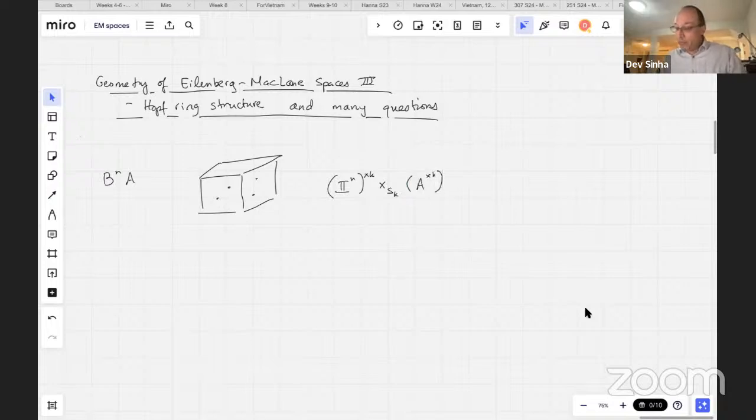And what we're going to do is, if I give you k points, and ultimately these can be chosen to be distinct because of our equivalence relations, I can use the S_k action to choose these in dictionary order.